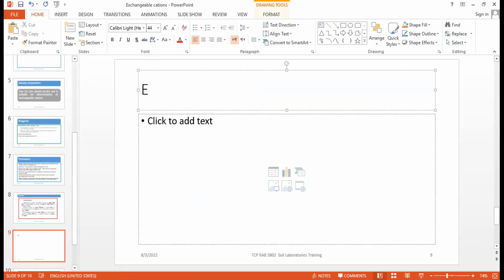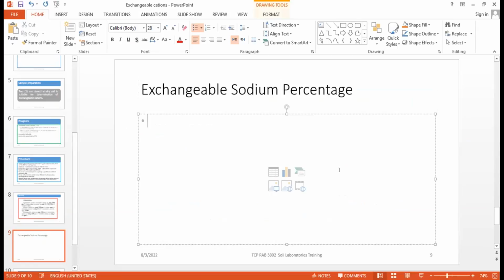Exchangeable sodium percentage, normally called ESP for abbreviation.